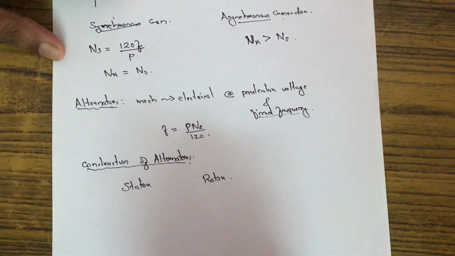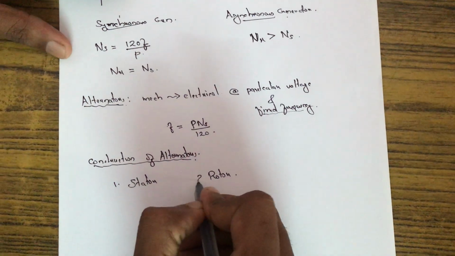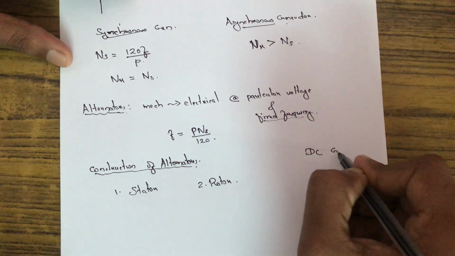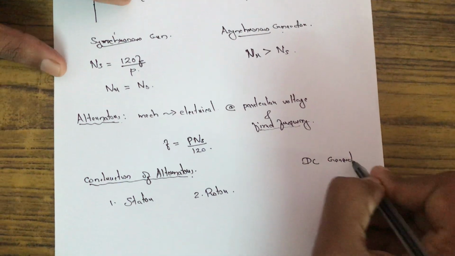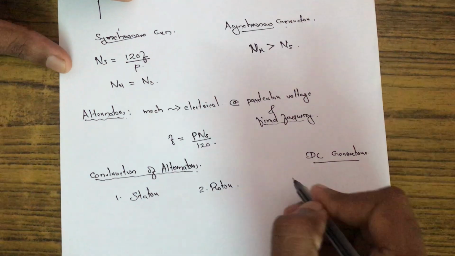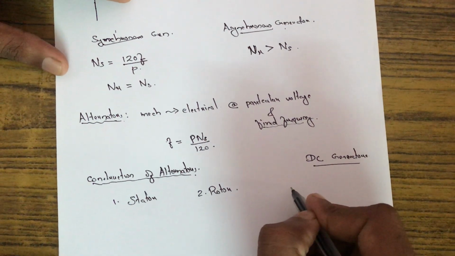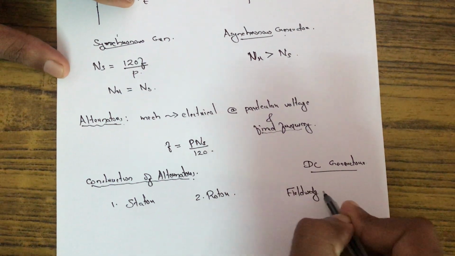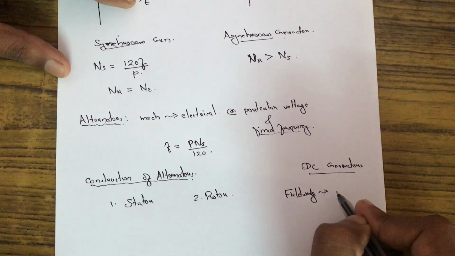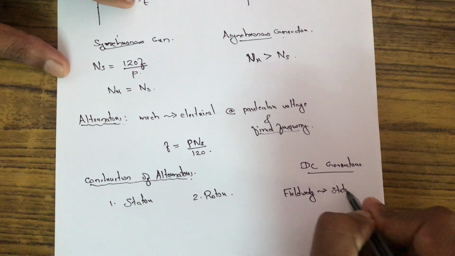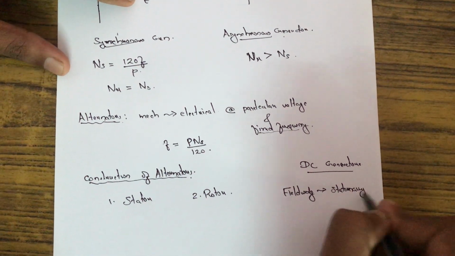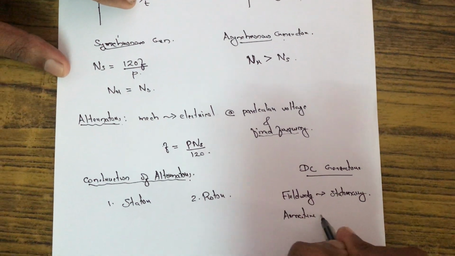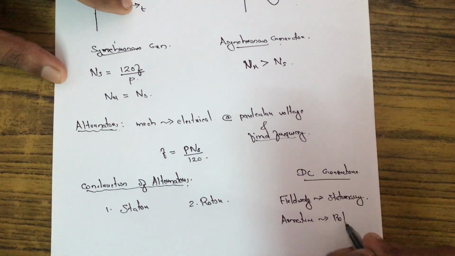In DC machines, in the DC generator, we have seen that we kept the field winding in the stationary part, and we kept the armature winding in the rotating part.